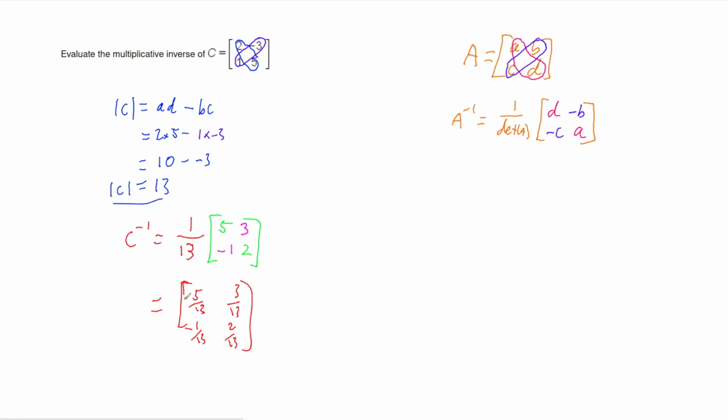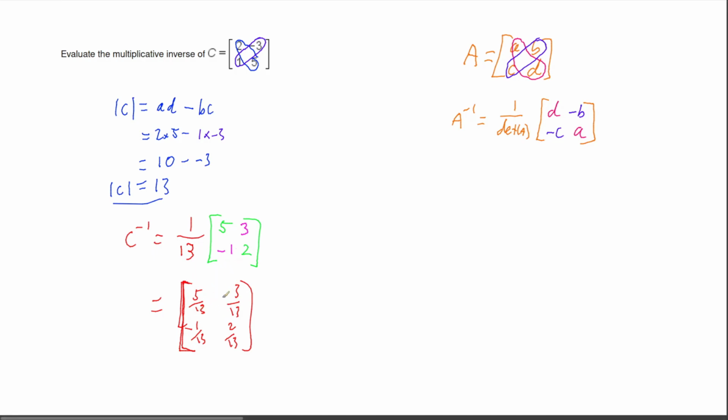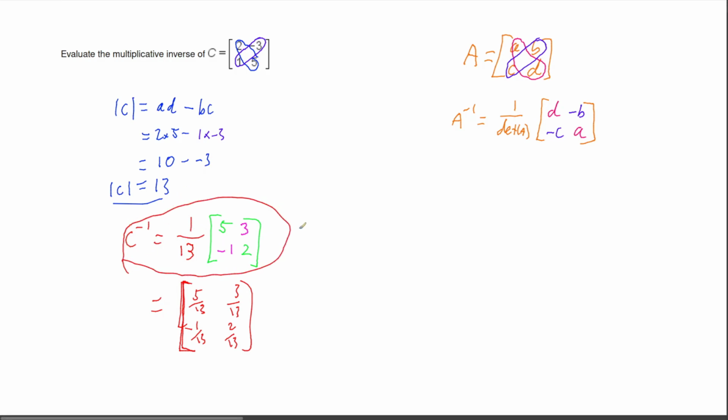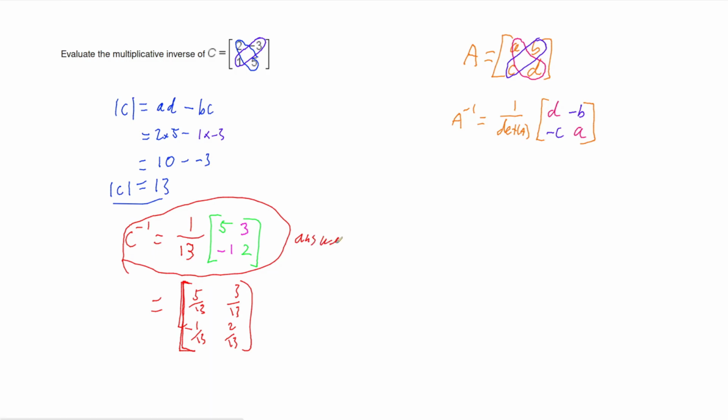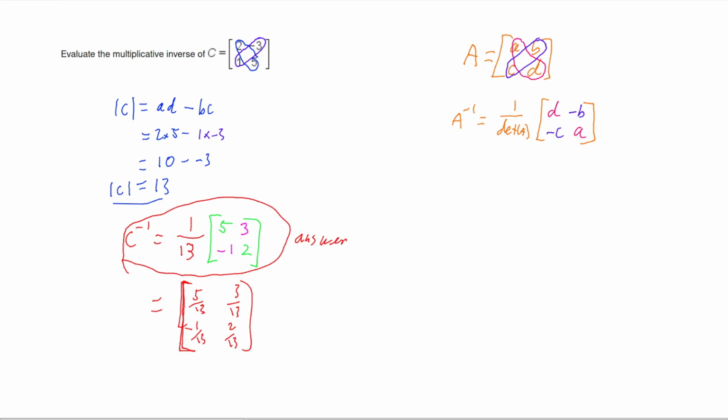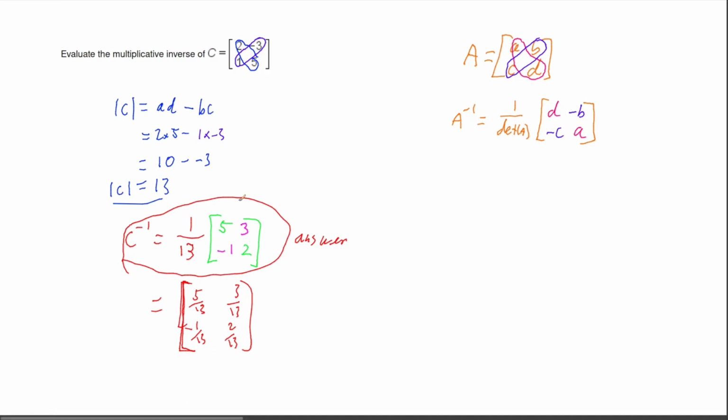But usually if it's a number that doesn't divide most of the terms within the matrix nicely back into integers, then we leave our fraction of 1 over the determinant out the front. So really, we keep this as our answer because it looks nicer than this one with fractions all through it. But some people prefer the fractions all through it, and that's also valid.